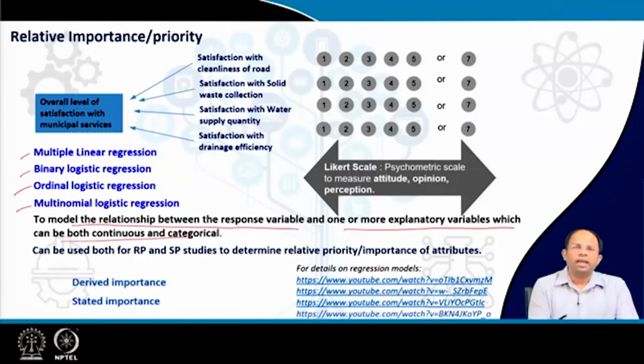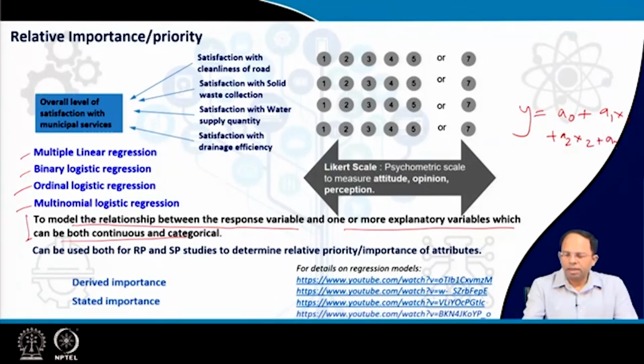both continuous and categorical. As you can see, if I have y is equal to a0 plus a1 x1 plus a2 x2 plus a3 x3, where x1, x2, x3 are the explanatory variables and y is the response variable.